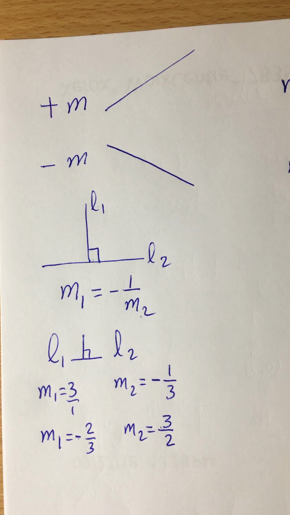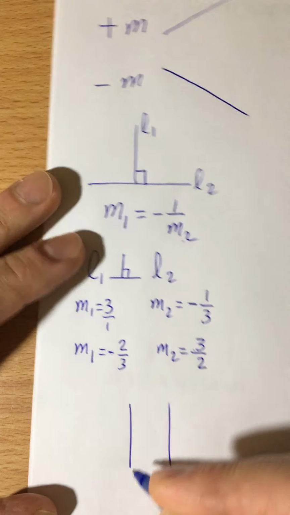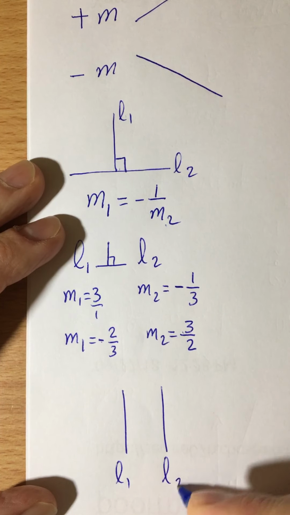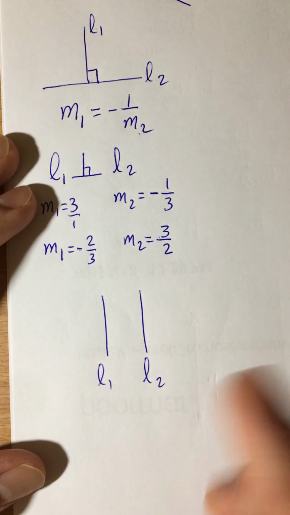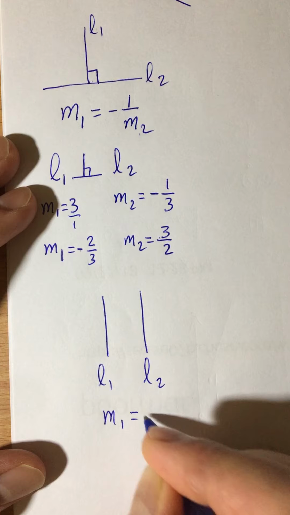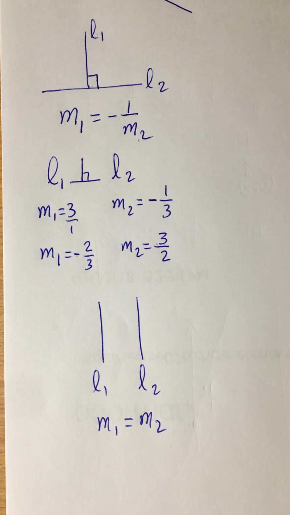They're negative reciprocals of each other. If you have two parallel lines, again from geometry, L1, L2, parallel lines are lines that never intersect, then their slopes are always exactly the same. The slope of line 1 will equal the slope of line 2. So please make sure you remember that as well.